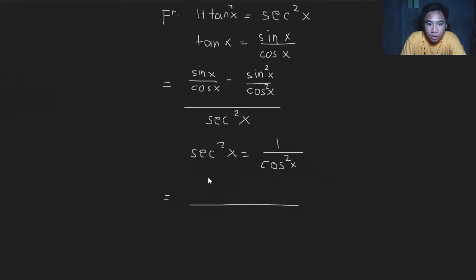So, i-substitute muna natin: sine x all over cosine x minus sine squared x all over cosine squared x, and yung nasa baba is naging 1 all over cosine squared x.